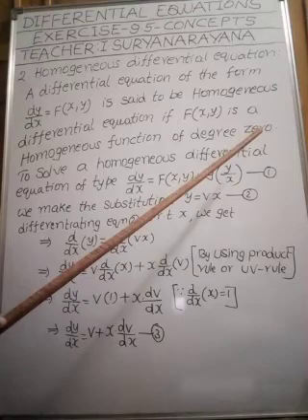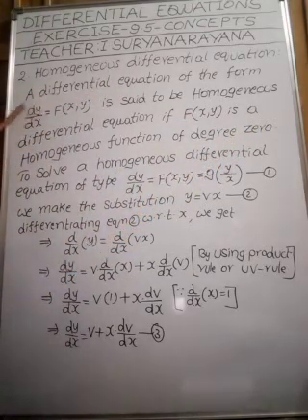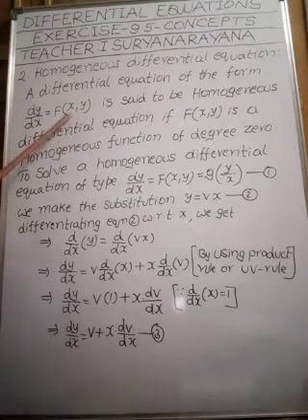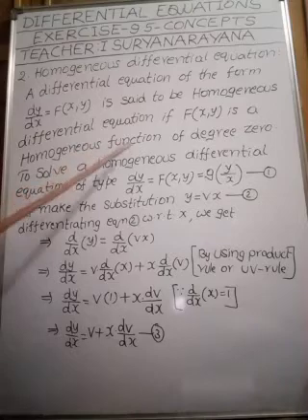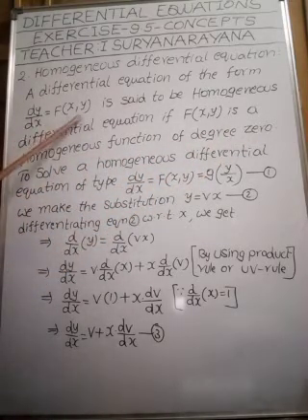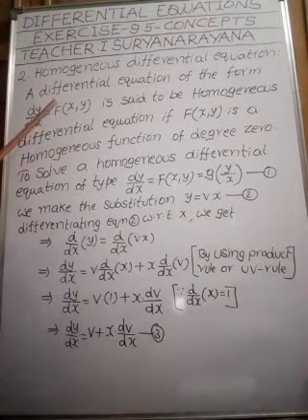Understood this point, my children? The differential equation is in this form, and here this function f of x y should be a homogeneous function of degree 0. Then this differential equation is said to be a homogeneous differential equation.